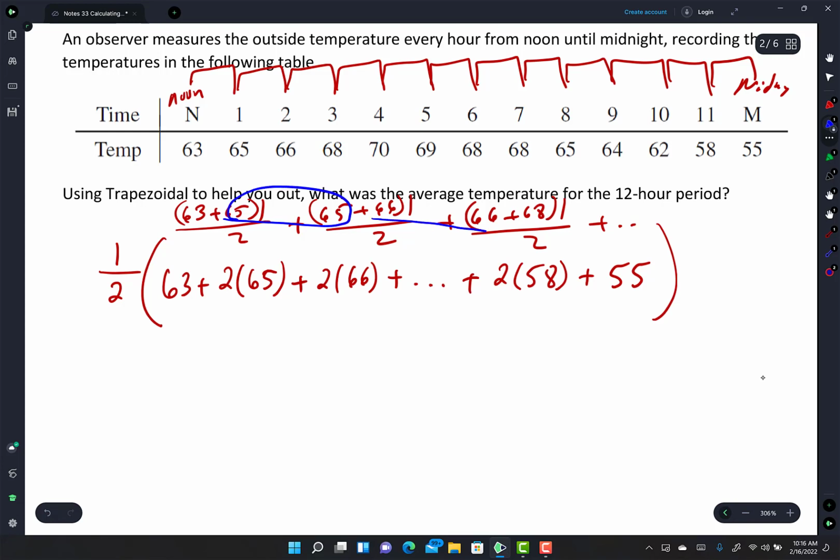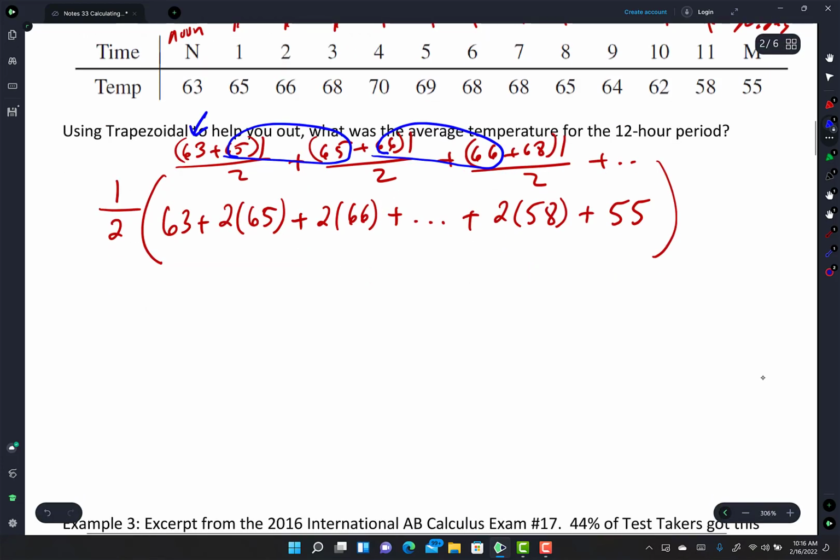Notice that these 66s come out twice, but this 63 only comes out once. So we're using the formula. I think the formula is h over 2, and then y0 plus 2y1 plus 2y2 plus ... 2y(n-1) plus yn.